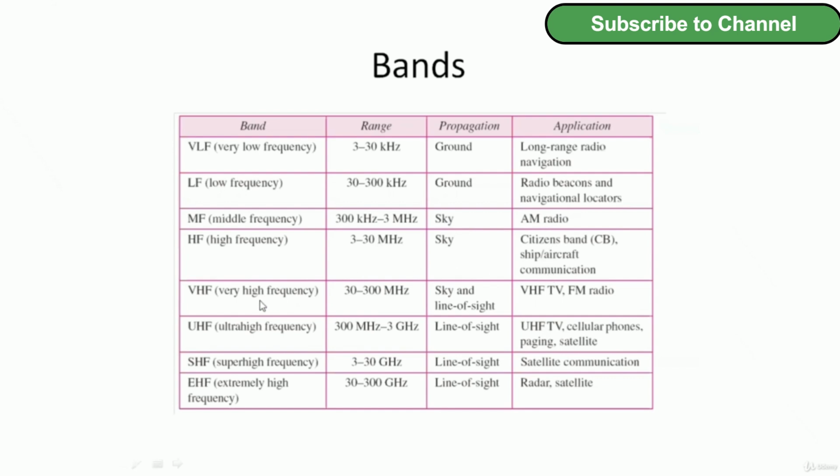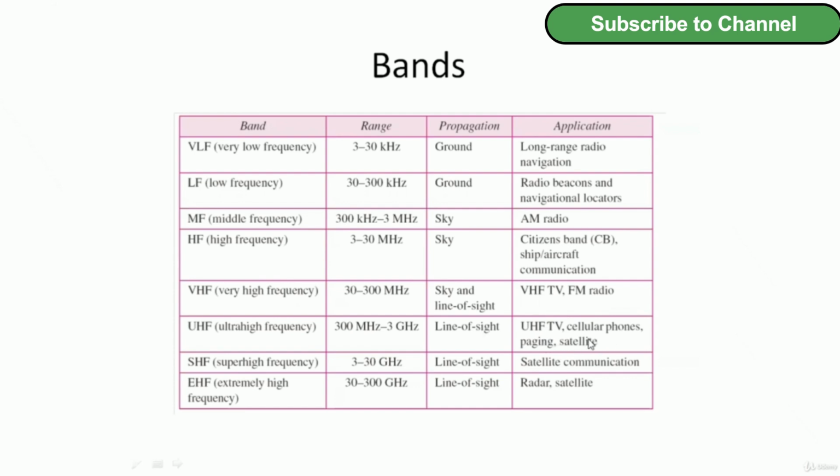Then VHF, very high frequency band, 30 to 300 megahertz, sky and line of sight propagation, used for VHF TV and FM radio. Then UHF, ultra high frequency, 300 megahertz to 3 gigahertz, line of sight propagation is used.